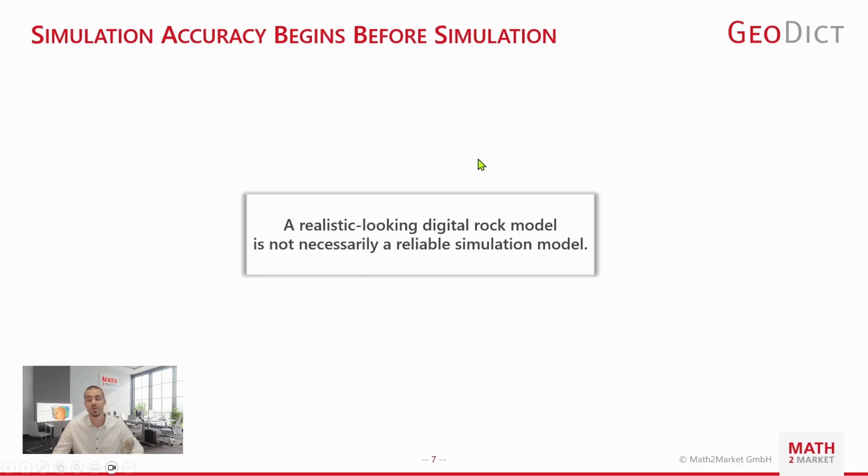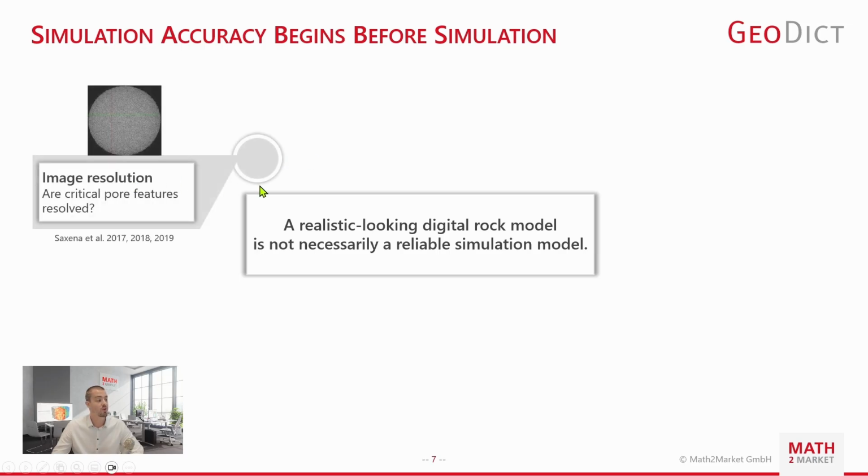And here, the first step, and probably one of the most important ones, is the consideration of image resolution. So here we have to ask ourselves: are critical pore features like pore throats, which are important for fluid flow, fully resolved, or resolved in enough detail?